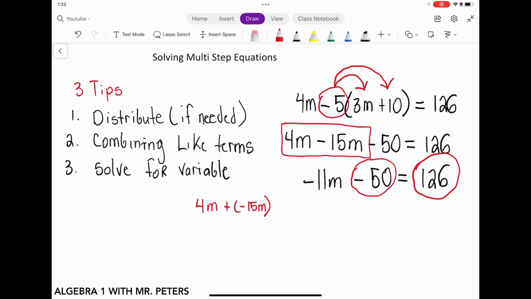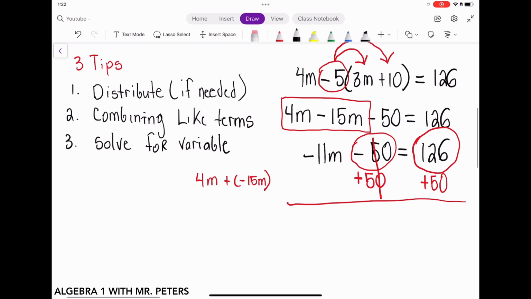I'm going to do the opposite of -50, so I'm going to add 50 to itself. That cancels out, and I want to go on the opposite side and do the same exact thing. So now we have -11m is equal to 176.